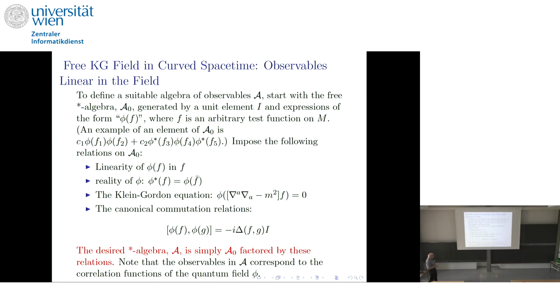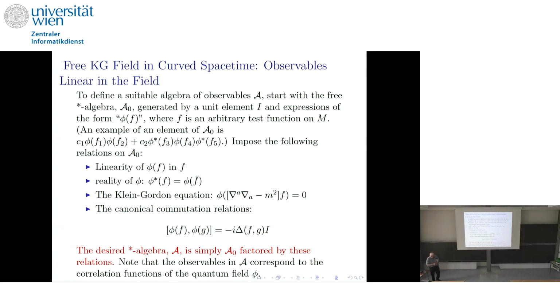If we factor this star algebra by the ideal generated by these relations, that is the star algebra that we want. The observables that we have in this algebra are basically things of this sort, factored by these relations, so they would normally be described as correlation functions of the quantum field.